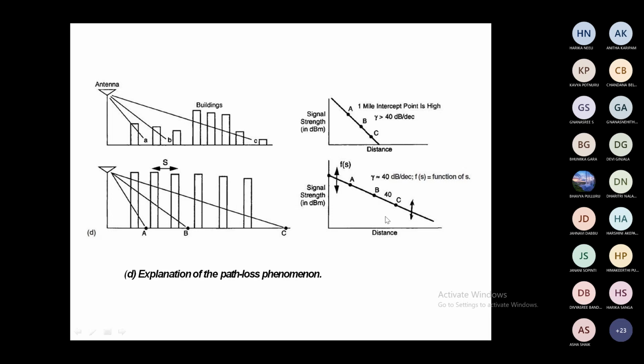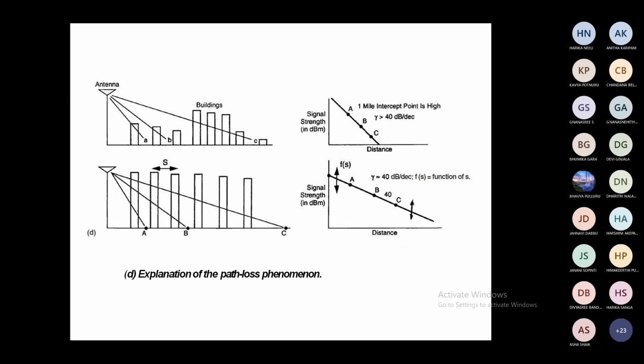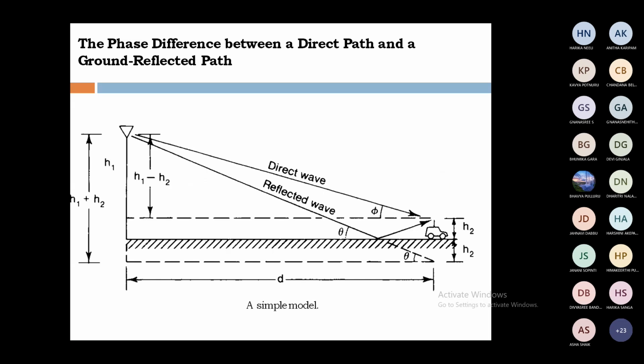In case A, the height of the buildings nearer to the base station is more compared to the outskirts. But in figure B, the height of the buildings near the base station is less compared to the outskirts. Next, the building heights are the same. From all these conditions, we have to draw the path loss curve.